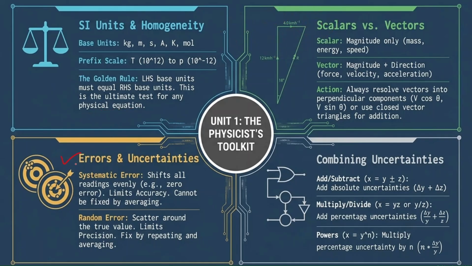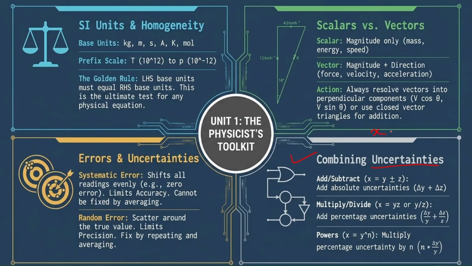Now we also talked about errors and uncertainties. We gave a detailed overview of systematic error and random error, how they are caused and how we rectify them. And then we saw how we combine uncertainties.